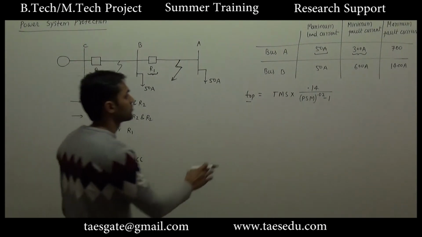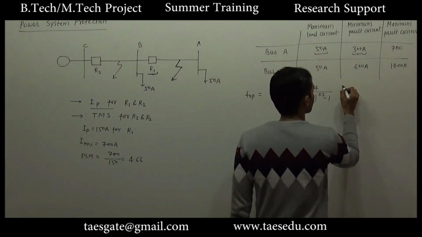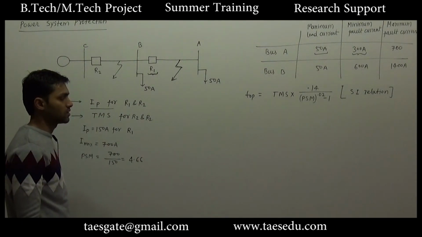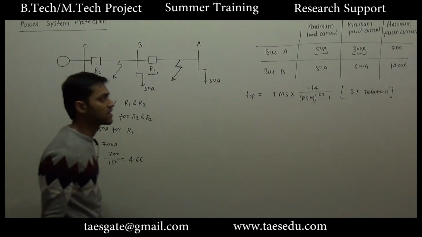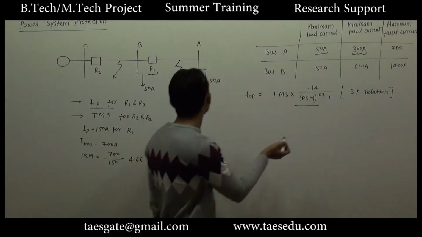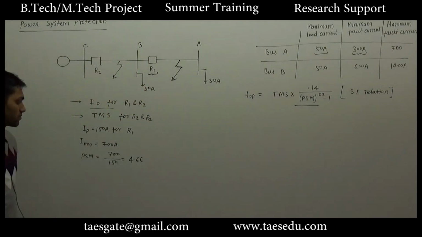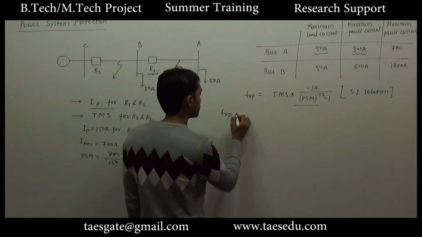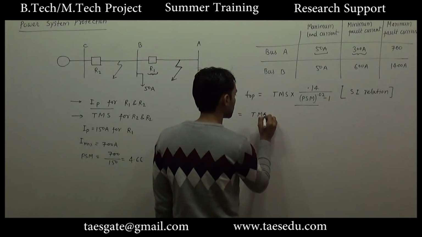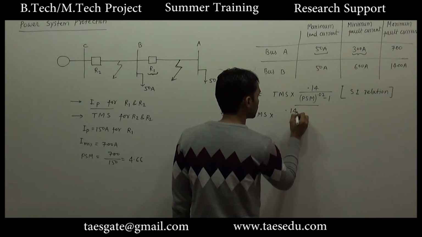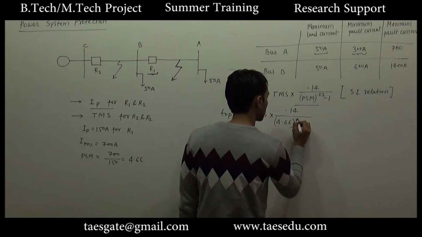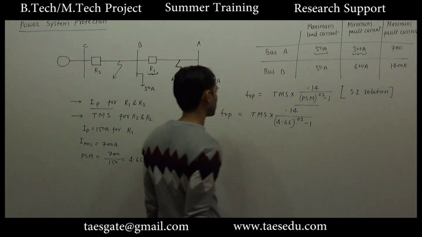And this is the formula for operation time. This is for a standard inverse relay. Let us assume that a relay satisfying this relation is used in this protection system. So we have the value of PSM. So the time of operation for R1 will be TMS times 0.14 divided by PSM, 4.66 to the power 0.02, minus 1.